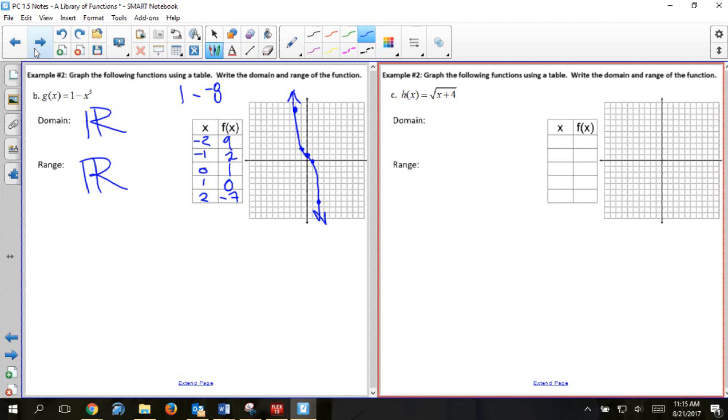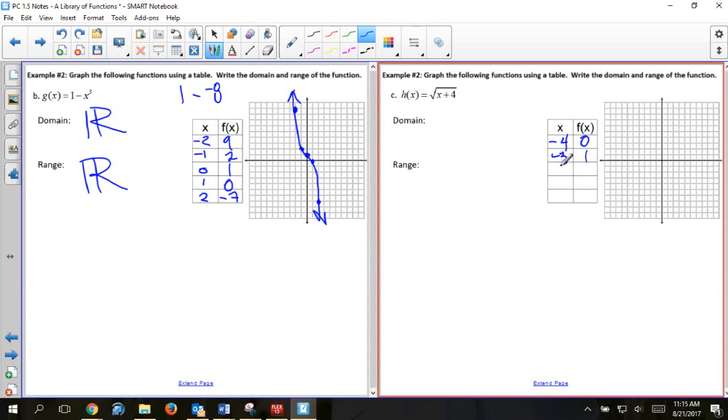How do I make this equal to 0, x plus 4? What should x be? So let's do -4. And then I plug that in, I get 0. I take the square root, I get 0. How can I make it equal to 1? What do I plug in there so it equals 1? -3. And then how can I make underneath the square root just square root of 4?